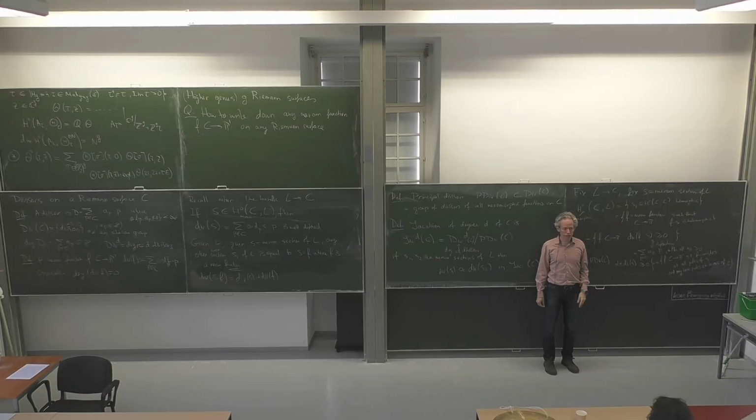Take a line bundle, take your favorite horrible meromorphic section, it will have a gazillion poles, a gazillion zeros, it will still have a divisor. Then all holomorphic sections of this line bundle, there might be none, I don't know, are the same as just meromorphic functions on the Riemann surface with bounded pole orders and some zeros required and stuff like that.